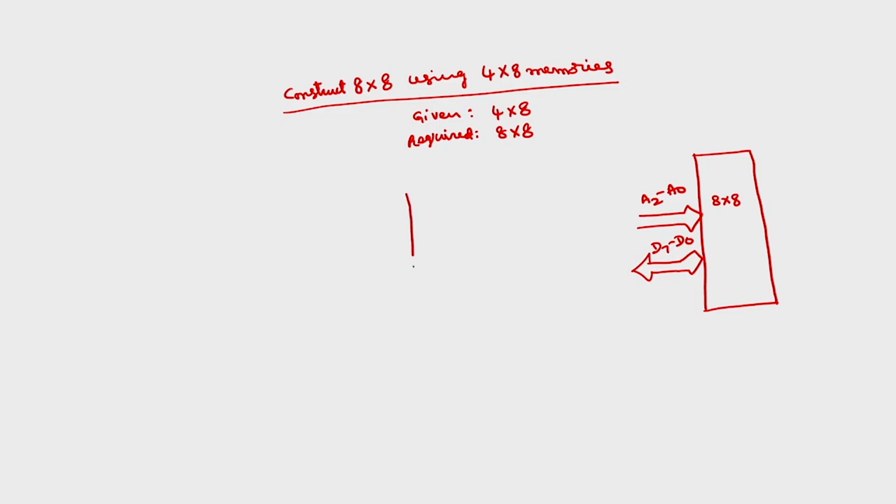And what about 4 by 8? 4 by 8 will have two address lines, simply A1, A0, and 8 data lines, D7 to D0. But how many such memories are required? This 8 is nothing but 4 plus 4. So, we require 2 such 4 by 8 memories.